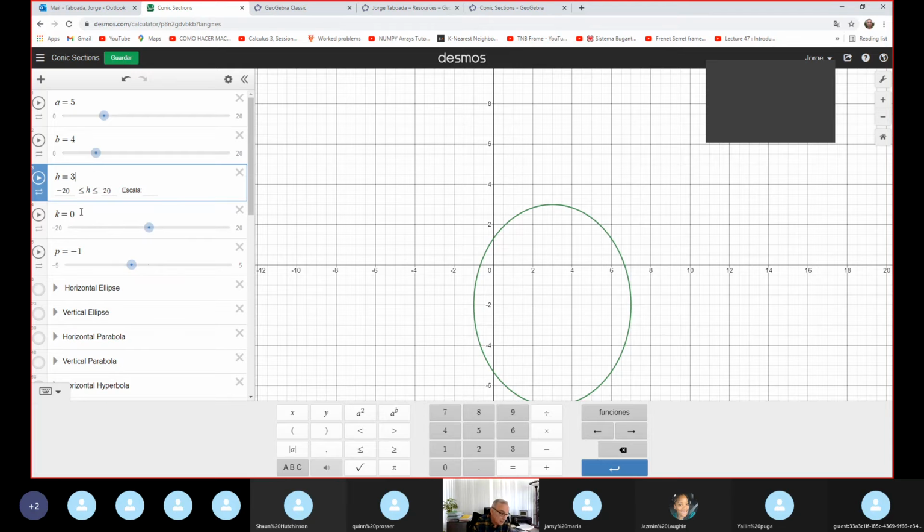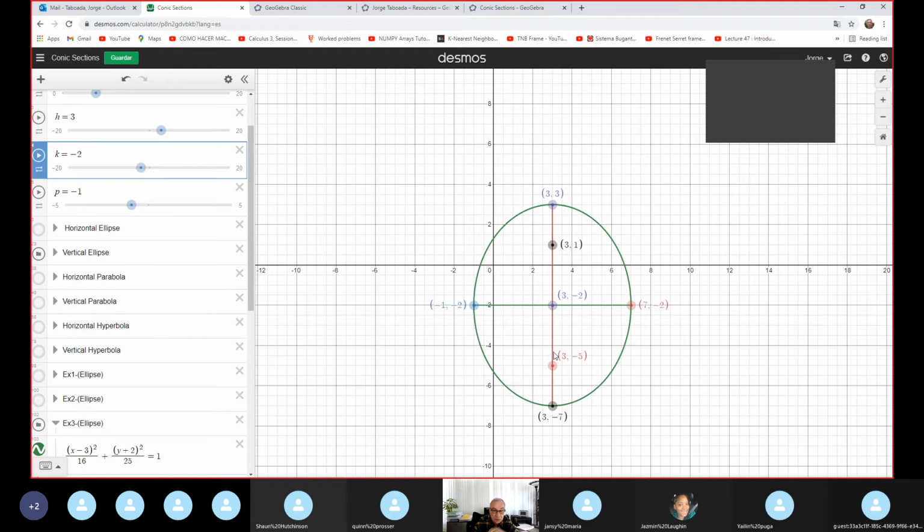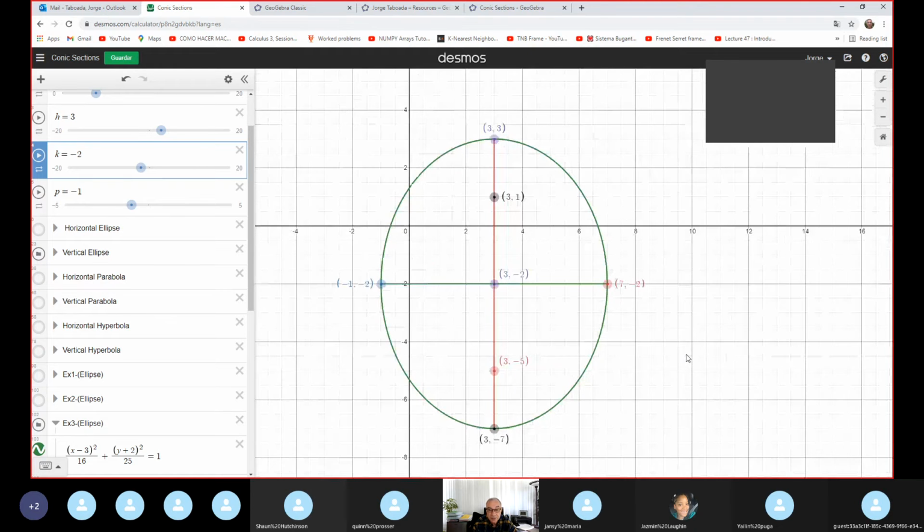And k is negative 2. And you categorize it like a vertical ellipse, no? Bang. Double bang.